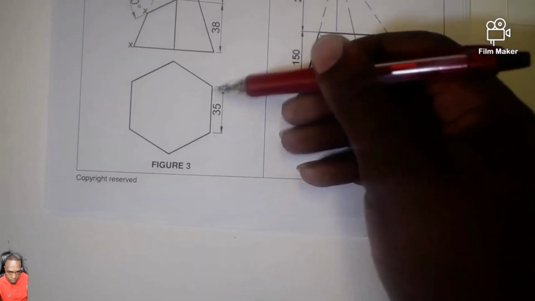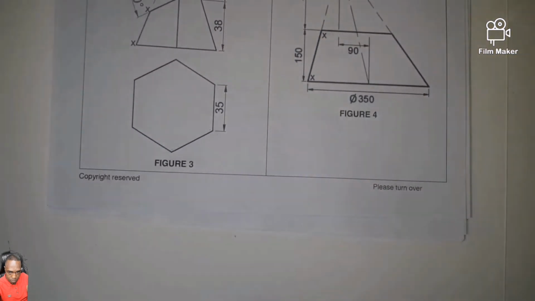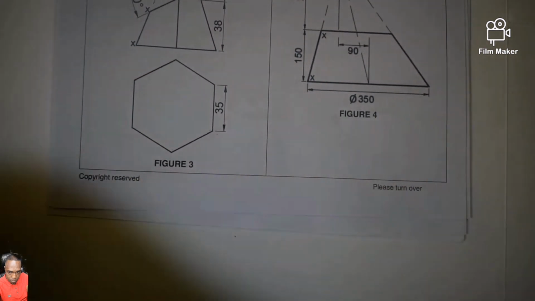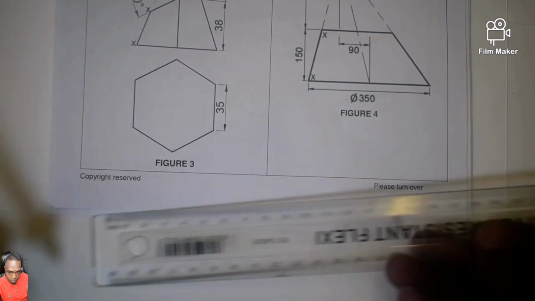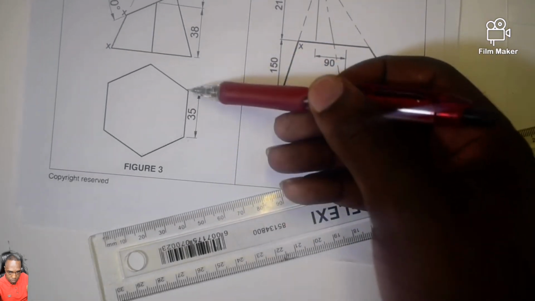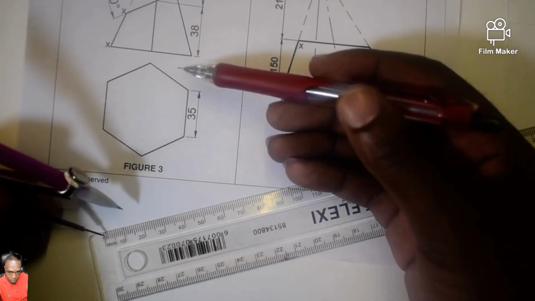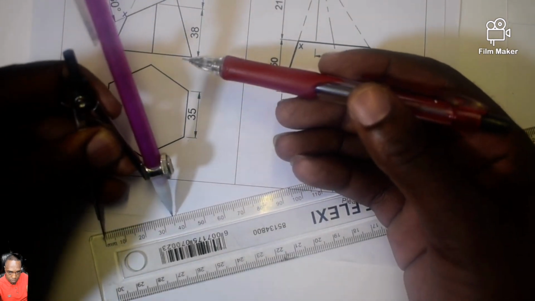If this is 35, which means again there is 35. To draw the hexagon of 35 millimeter, I take my drawing compass and open it to 35. I want to draw a hexagon of 35, so that from here till here is 35. I open it to 35. This is it.